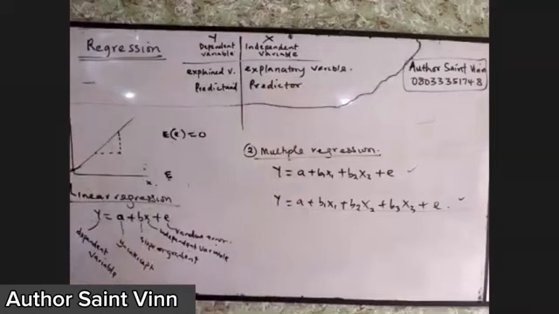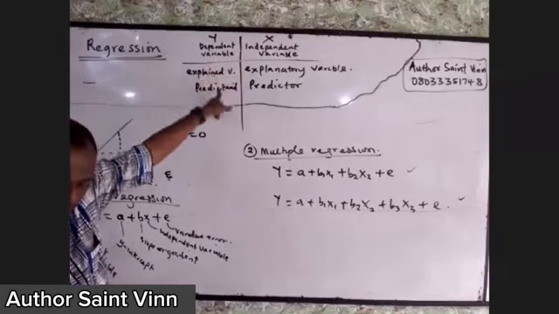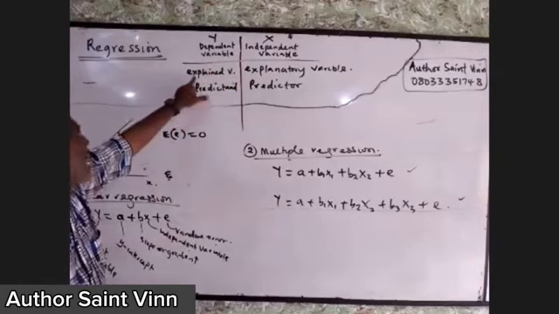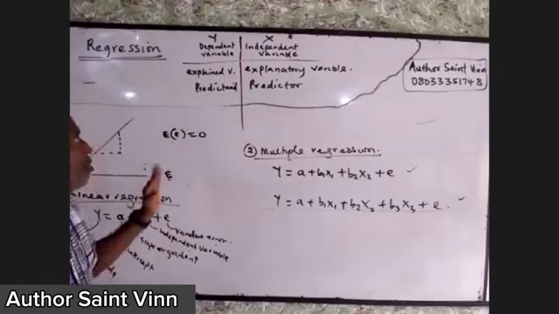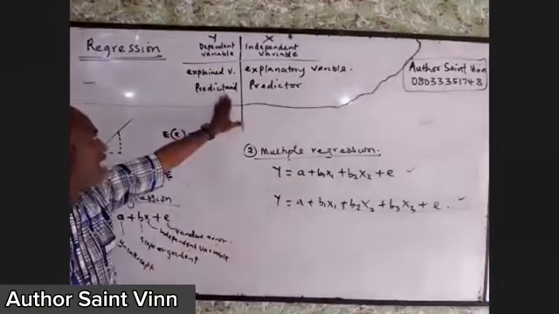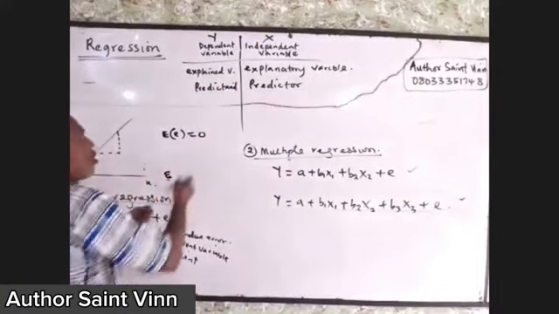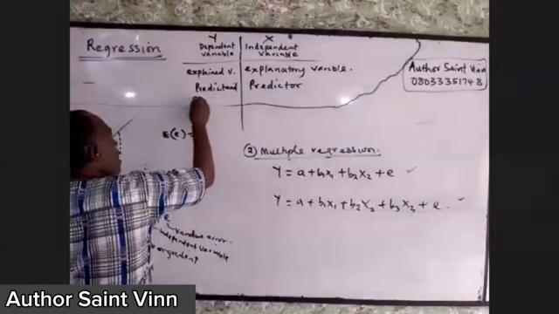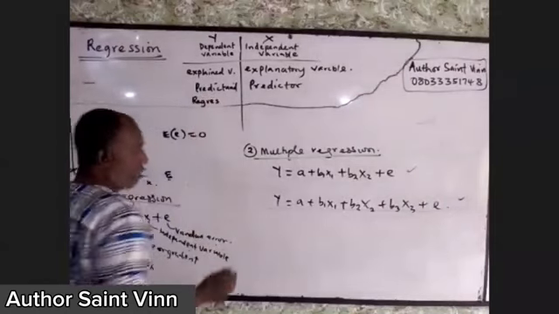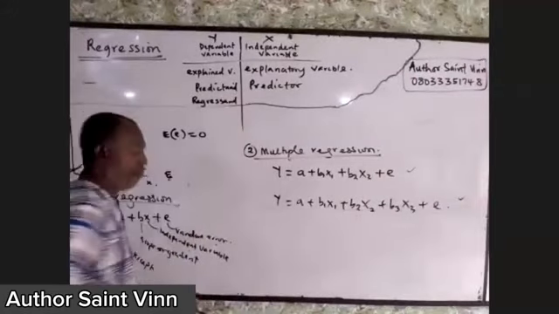So you can see when there is language, the kind of text you are in, so that you know which one is Y, the dependent variable, and X, the independent variable. This is the explained variable. This is the explanatory variable. This is the predictor variable. Because we're talking about regression, this is the regression variable.